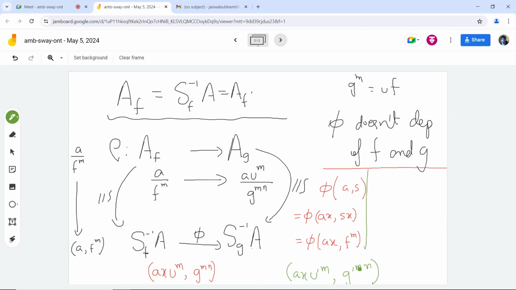So we have this, and then you want to just show that these two things are the same. We have to create some space.